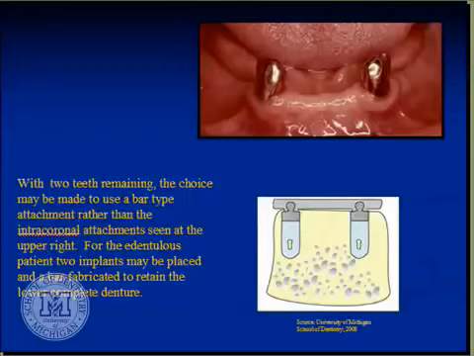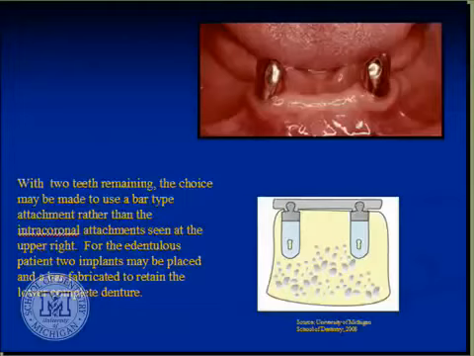Sometimes in the literature they say that if you had a bar tying these two teeth or two implants together, you'd get a little more lateral stabilization. What we found clinically is I don't see a tremendous difference one way or the other.